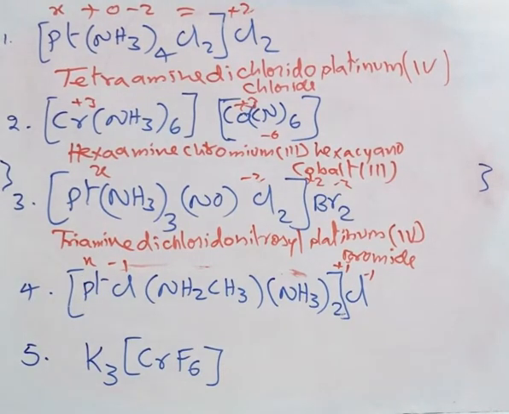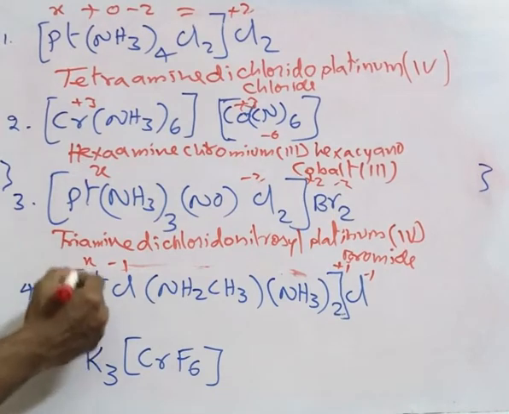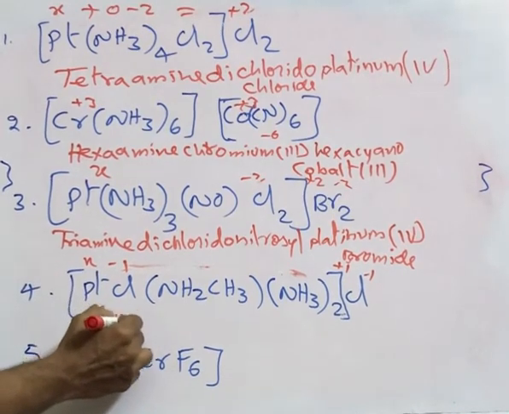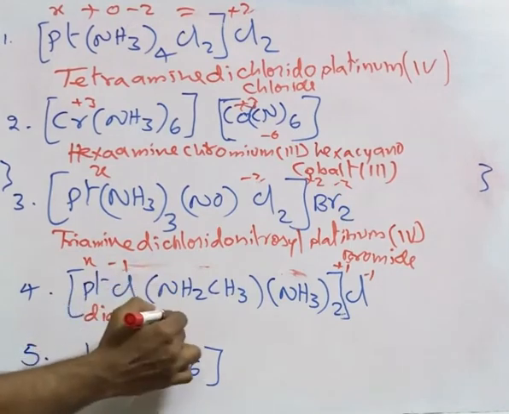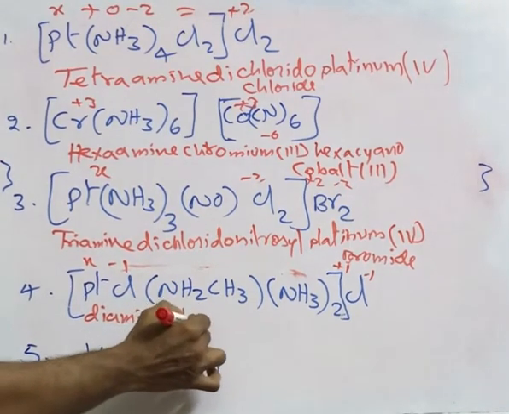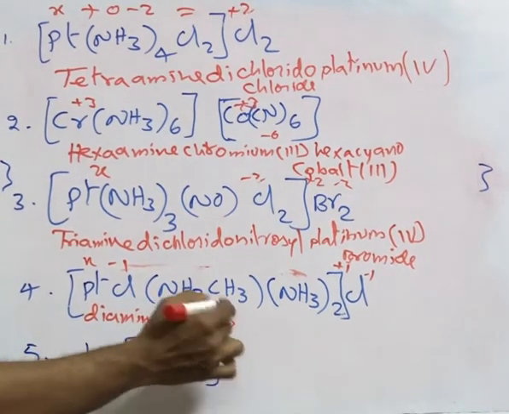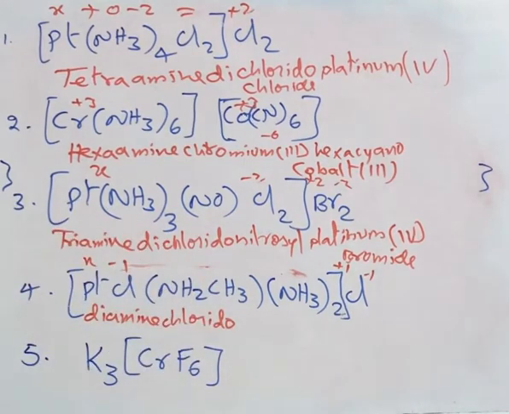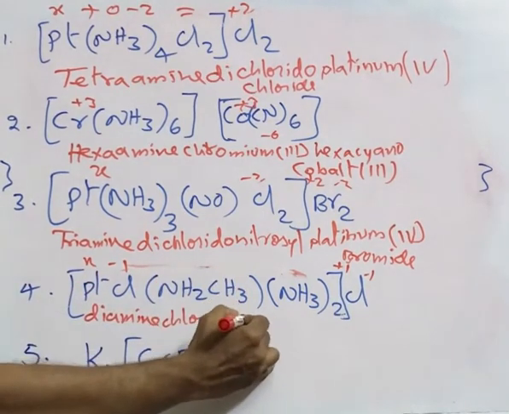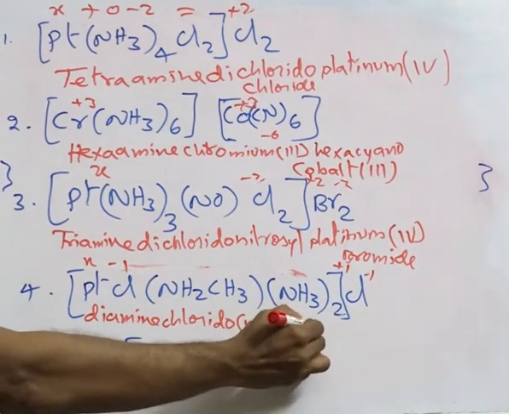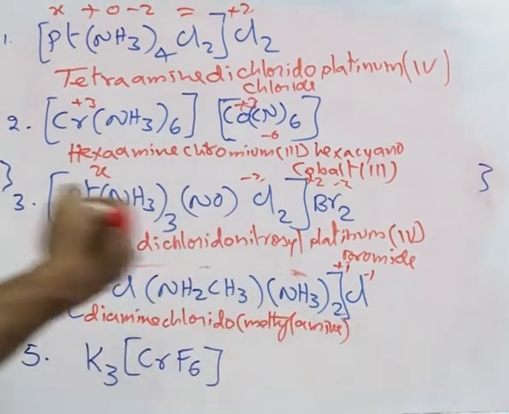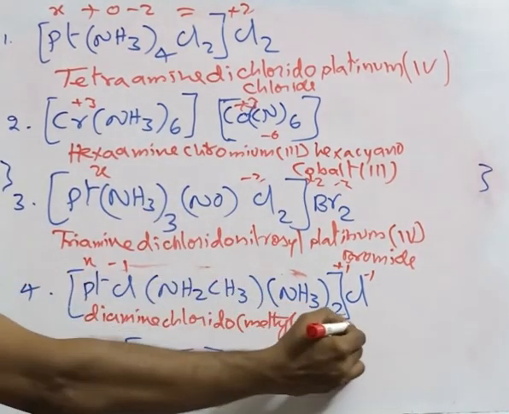So now we can write diamine, chlorido, only one chlorine, chlorido. This is what? Methylamine. That is a group called methylamine. Two names together is one ligand, so you can write methylamine inside brackets. Then you can write platinum.